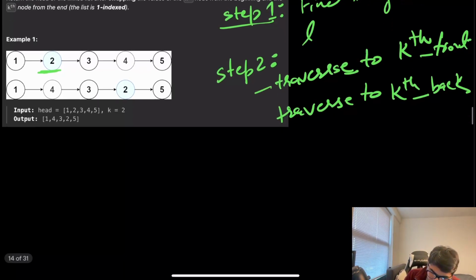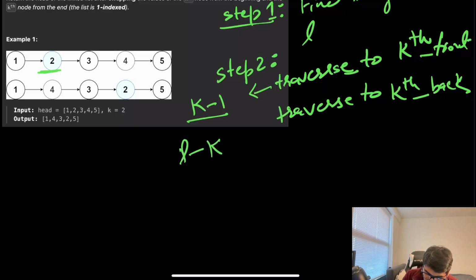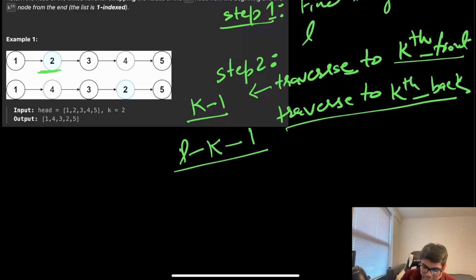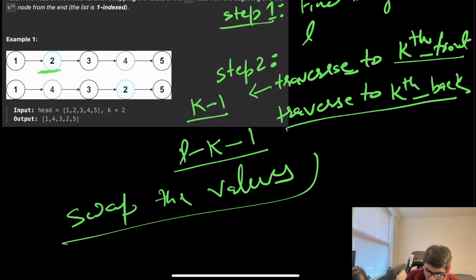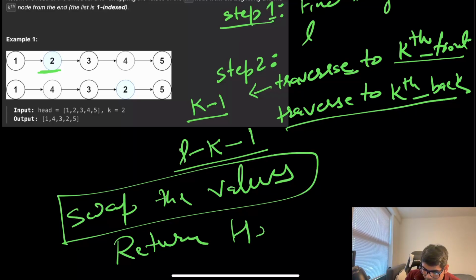I know this will just be moving k minus 1 elements next, and this will be moving L minus k elements into the front. That will give us kth back and kth front, and then just swap the values. Once we swap the values, return the head. All right, let's implement this. Easy peasy.